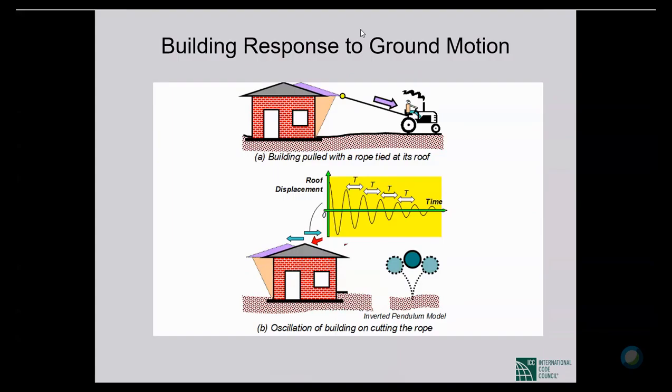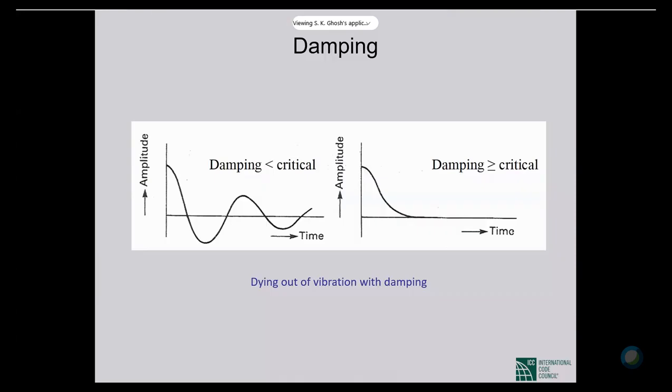So the dying out, the decrease in the amplitude, is because of something called damping. Okay. So you swing a pendulum. It starts going back and forth. Newton's second law will tell you that this motion will go on up until the end of time. And all of us know that it doesn't happen.